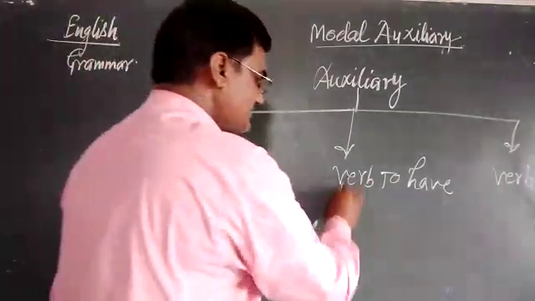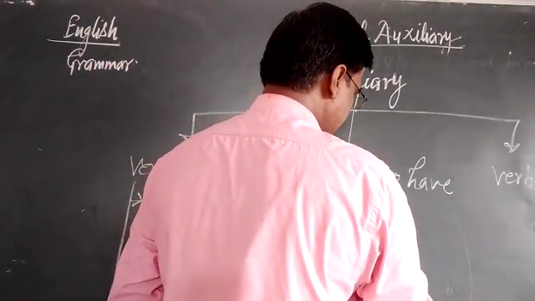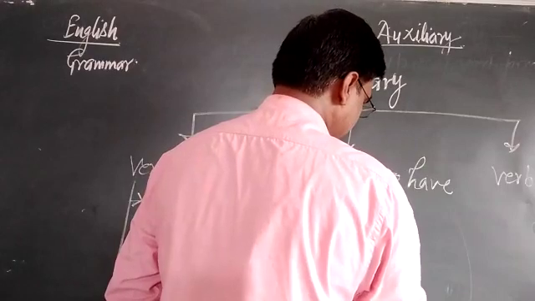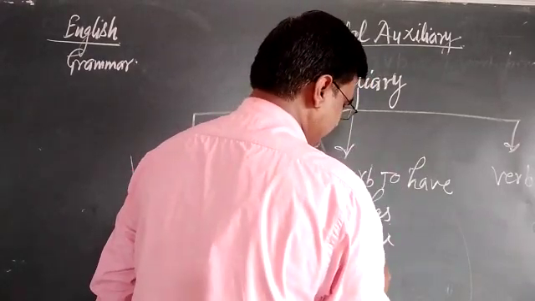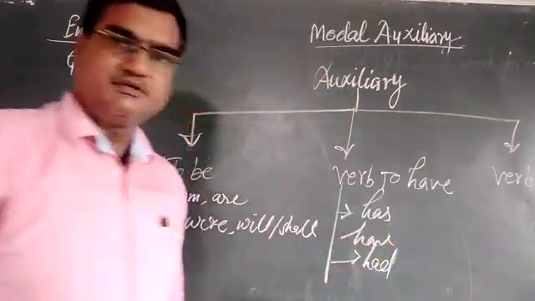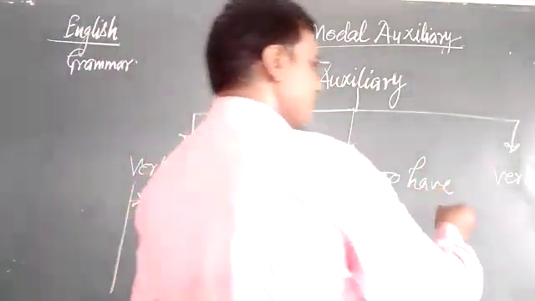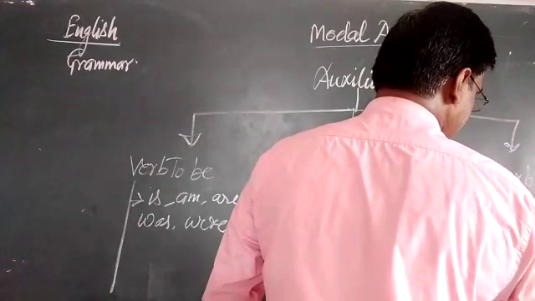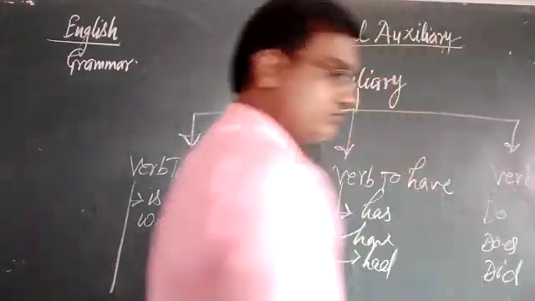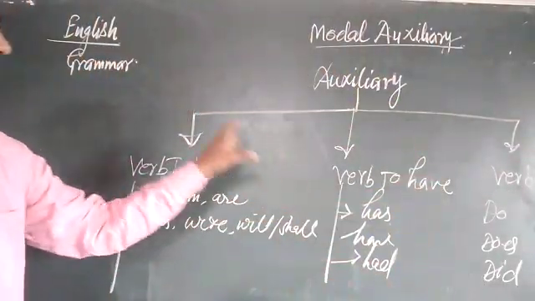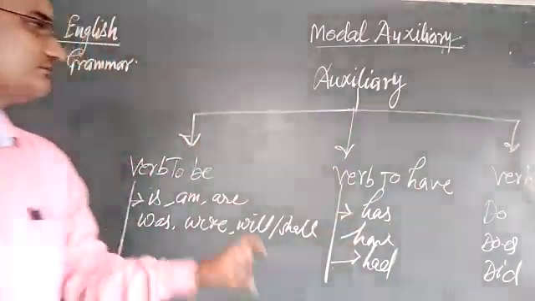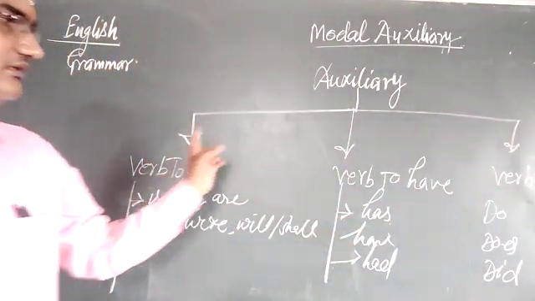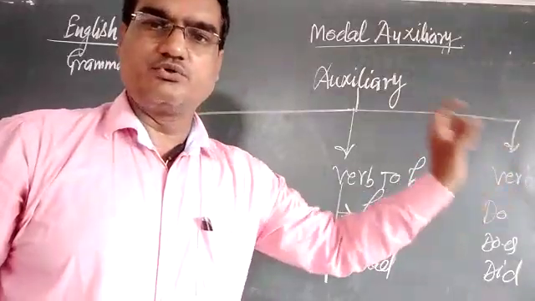And verb to have means has, have, and had. And next is verb to do: do, does, and did. So these are auxiliary: first verb to be, verb to have, and verb to do.